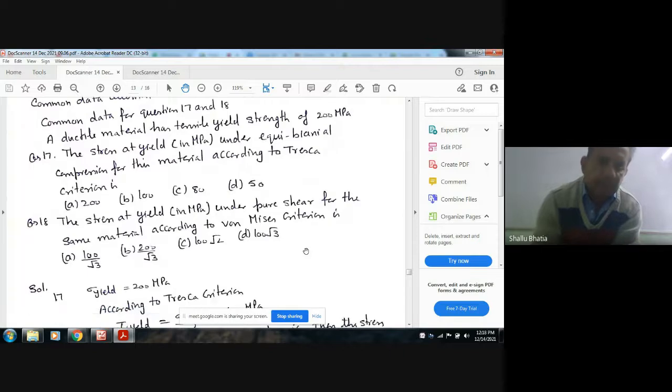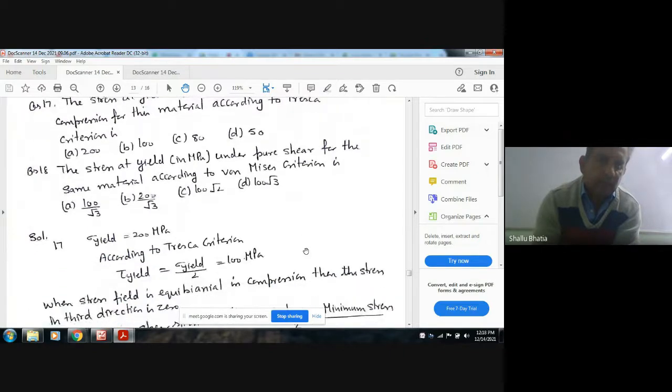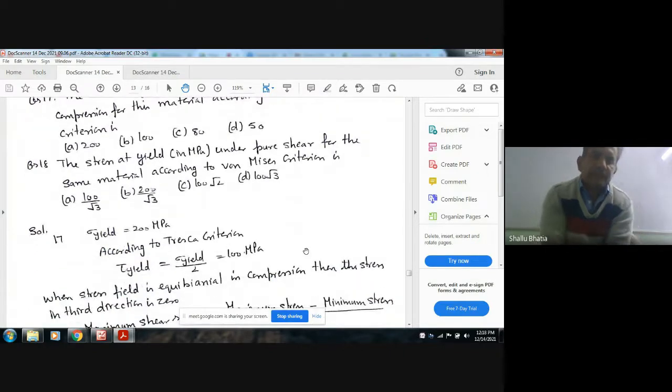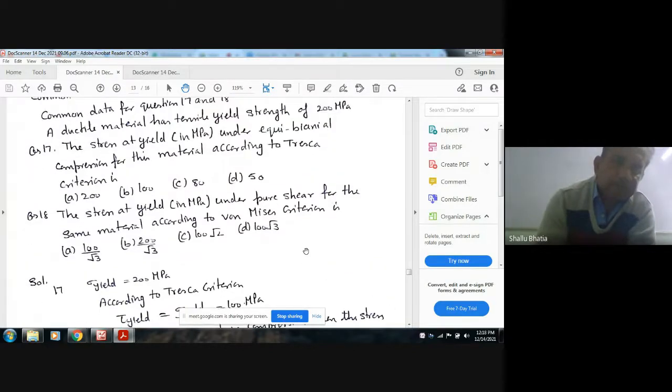Next question: the stress at yield in MPa under pure shear for the same material according to the von Mises criterion. Option A 100 by root 3, option B 200 by root 3, option C 100 root 2, option D 100 root 3.